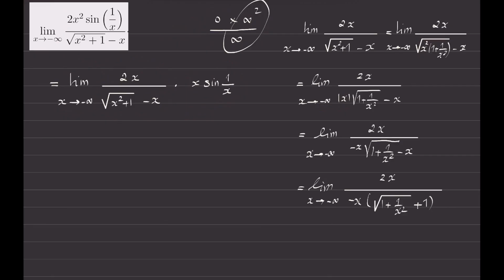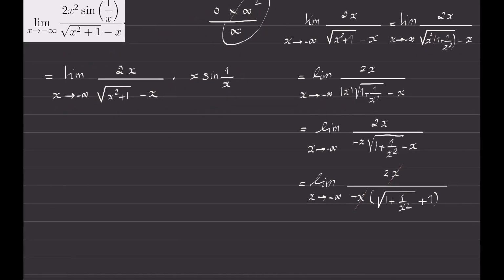So now this x and that x are cancelled. In the numerator I am left with 2, and in the denominator I have a minus, and a square root of 1 plus 1 over x squared, plus 1, as x approaches minus infinity.